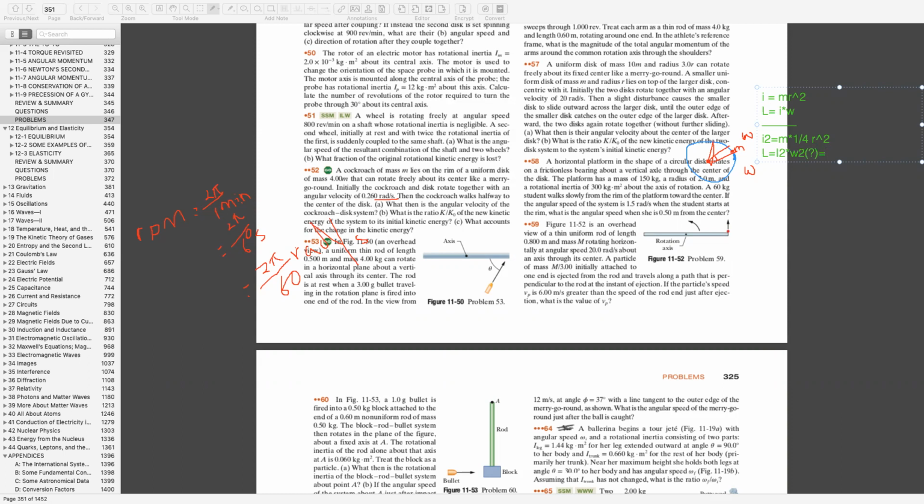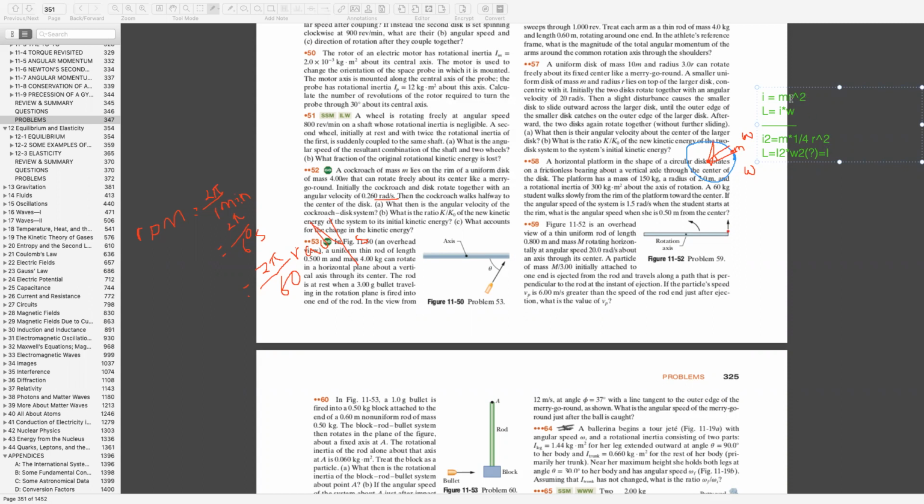And because this is a system, the angular momentum remains the same. I mean, it's conserved, right? L equals I omega, where I is mr squared.